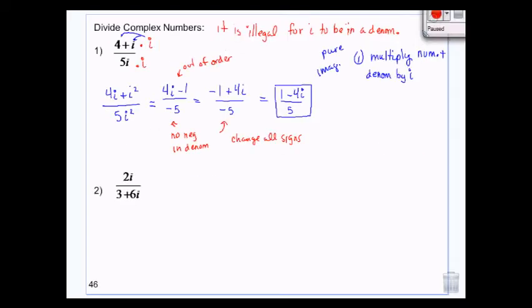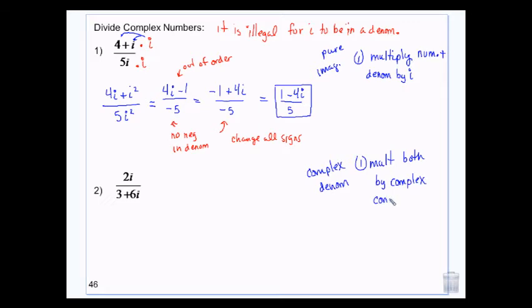A complex number in the denominator. Okay, you're going to multiply both by something called the complex conjugate. Okay, so here's how complex conjugates work. If I have a plus bi, the conjugate of that is a minus bi.